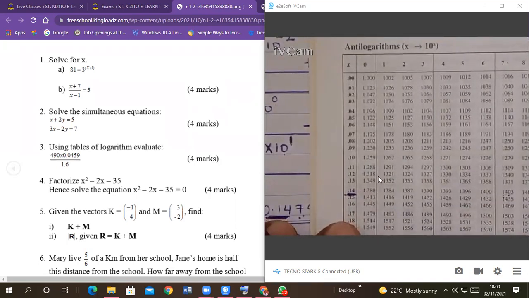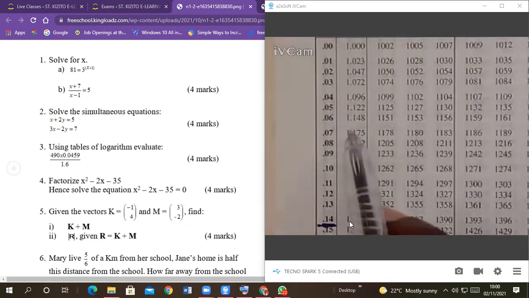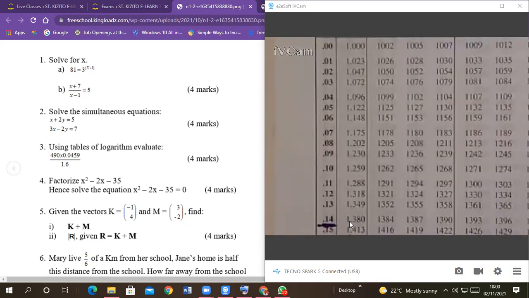Let me zoom in there for you to see. Now you see there are points in between here. Other log tables do not show this. So it means that this is 1.380, and these ones have 1.384, 1.390, 1.393, 1 point like that.